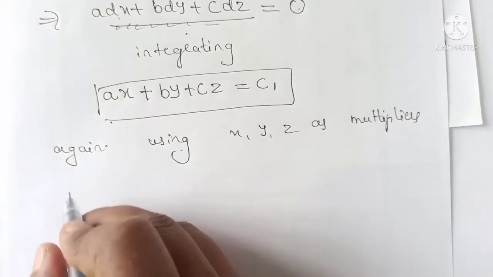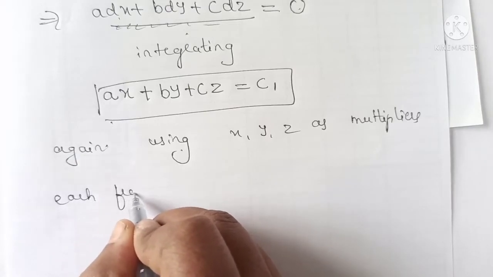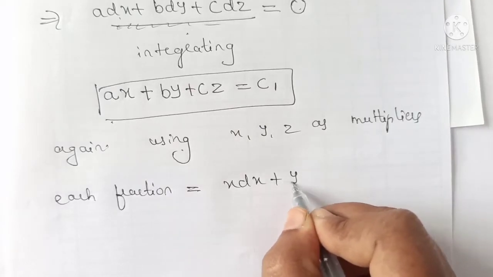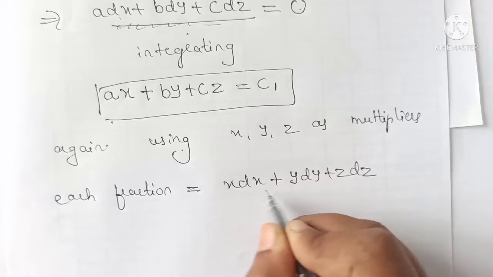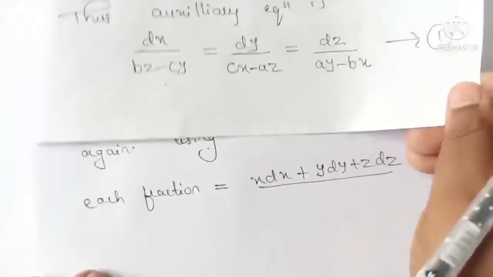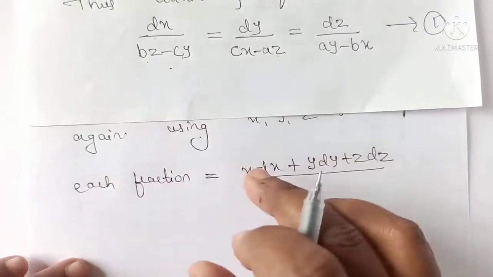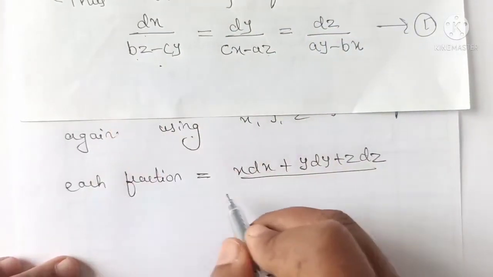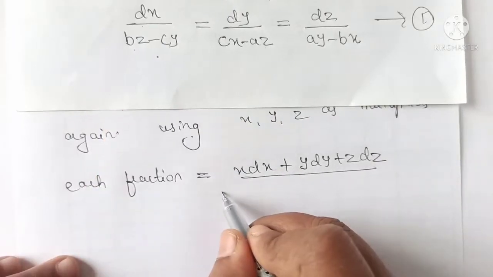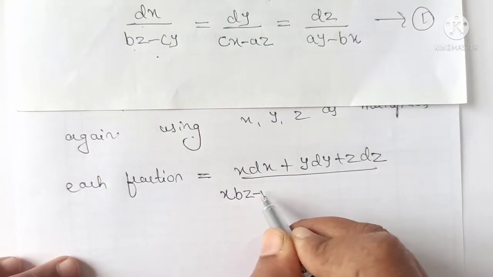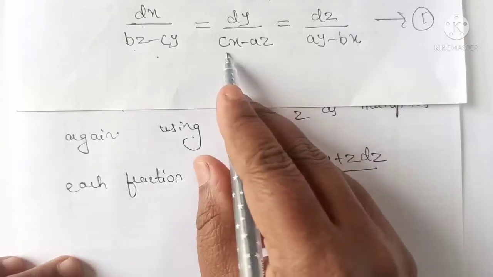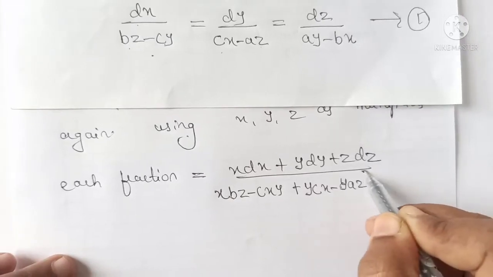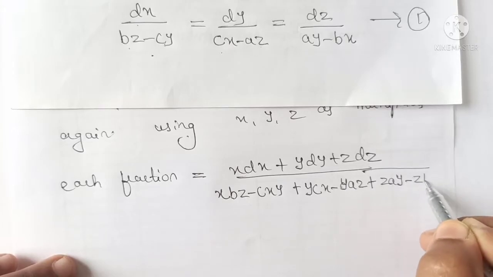So for equation 1, each fraction's numerator becomes x dx plus y dy plus z dz. The denominator is x into (bz minus cy) plus y into (cx minus az) plus z into (ay minus bx).